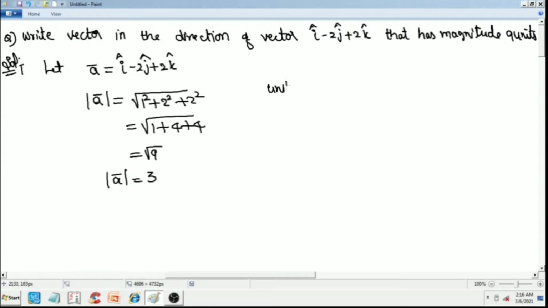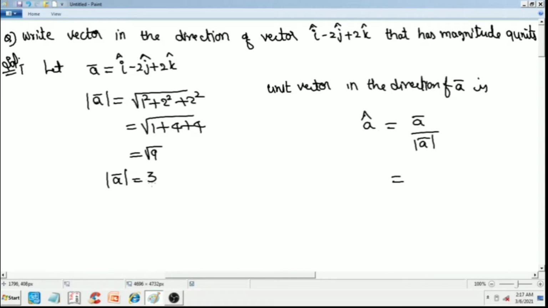Unit vector in the direction of a bar is a bar by the modulus of a bar. Here we have (i minus 2j plus 2k) by the magnitude 3. So this is the unit vector, but he said the magnitude is 9 units.